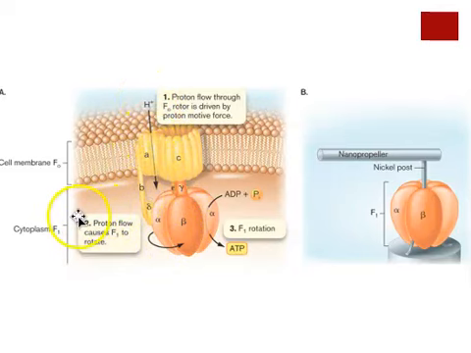Their motion, their physical motion, has energy associated with it. That is kinetic energy. This molecule is going to transform that kinetic energy into a different type of energy. And that different type is stored chemical energy. It's going to take ADP and phosphate and that energy, and it's going to build ATP.